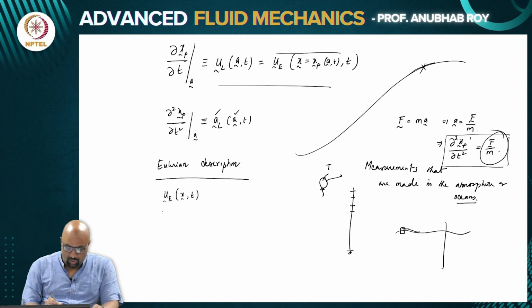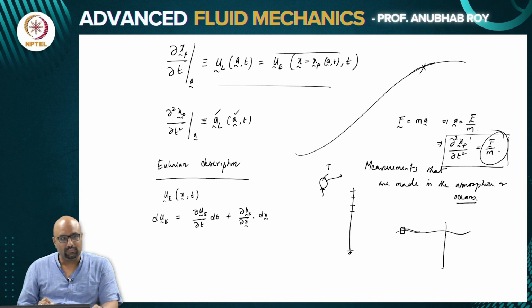So if you want to now say that I have an increment of this particular quantity, then you will have ∂u_E/∂t dt plus ∂u_E/∂x dx. Now if I am interested in calculating the acceleration, these two should agree.